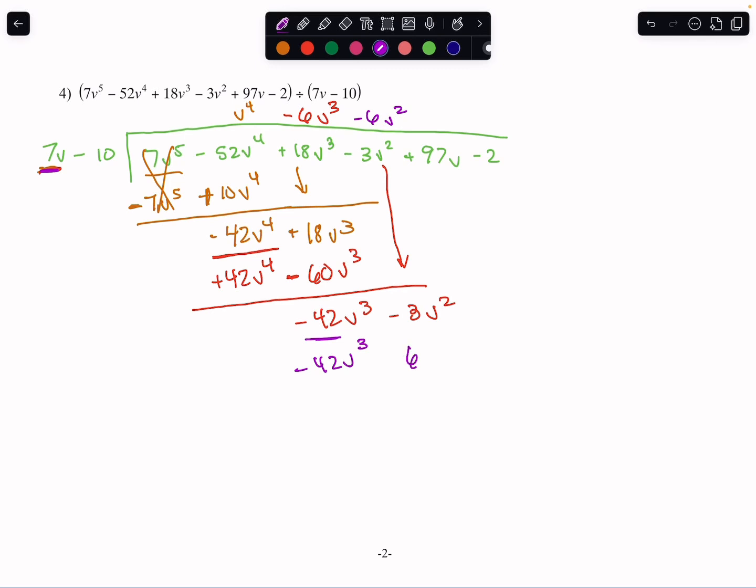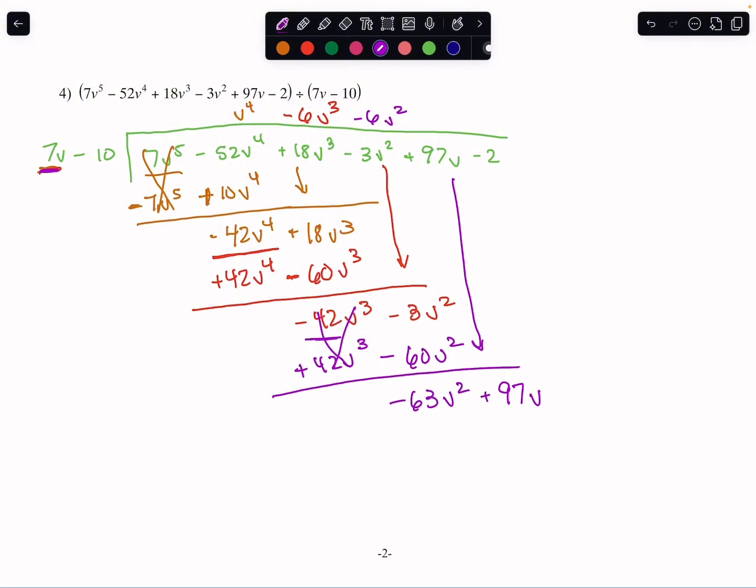Cool. Go ahead and drop this 97v down. Okay. And then back over here, that 7 times what is negative 63v? That's going to be negative 9v.